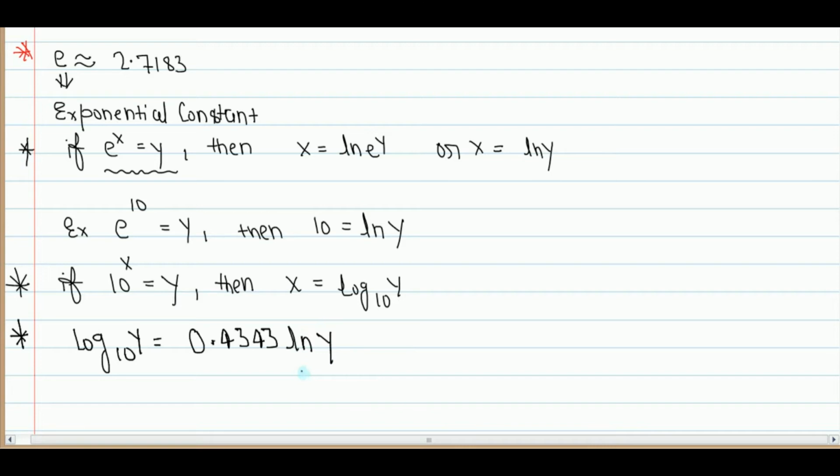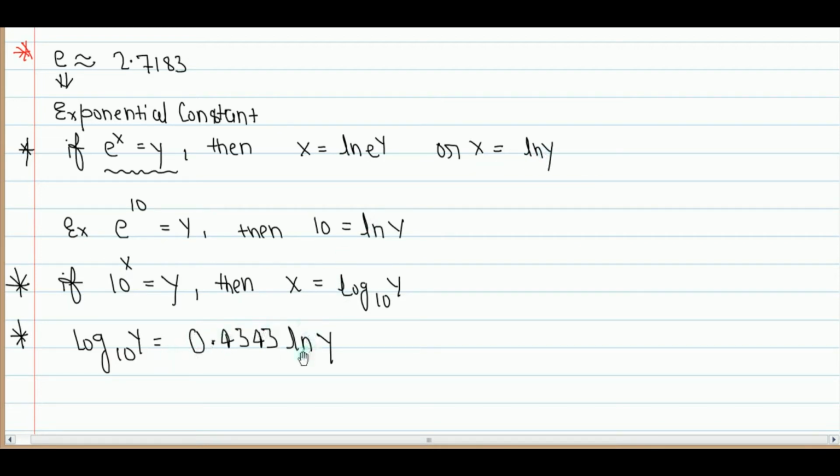I have told you earlier, if the logarithmic function is written as ln, the default value of the base will be e. We don't have to write ln base e of y. We can directly write it as ln y. So the base will be considered as e.